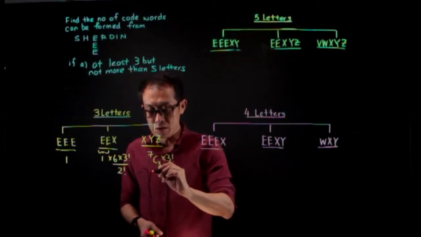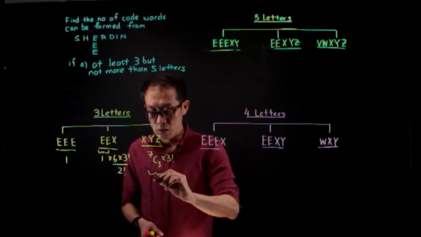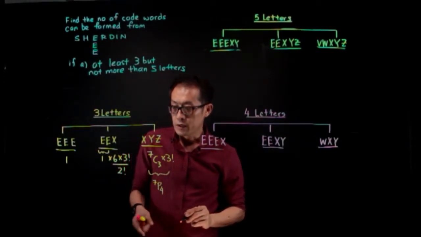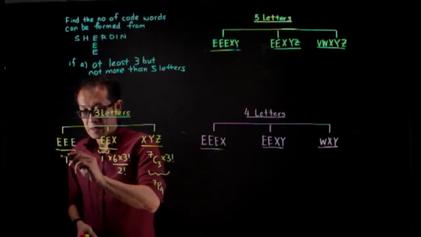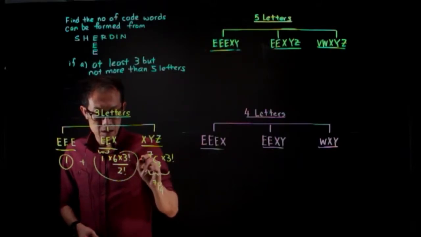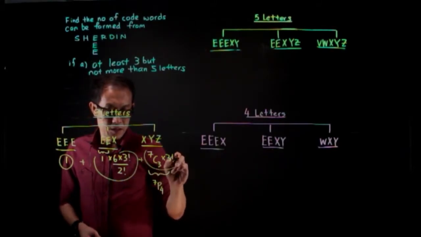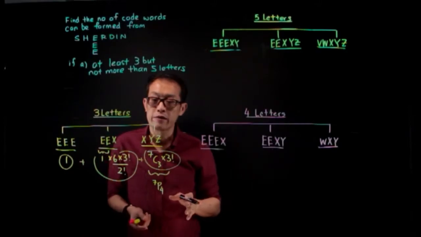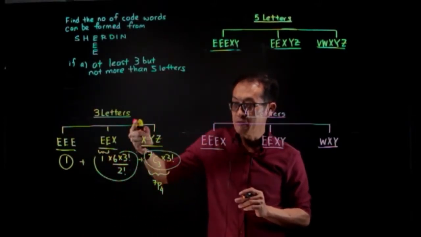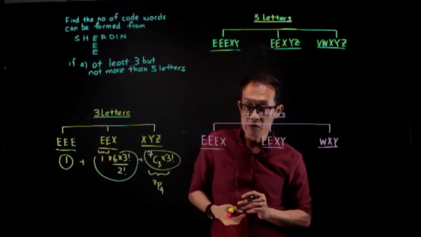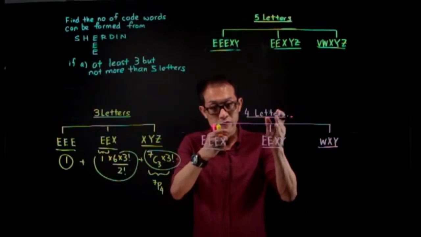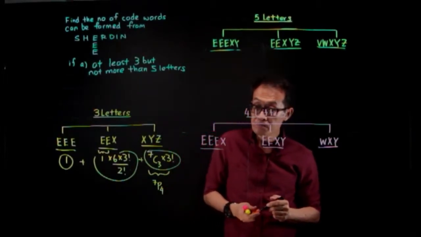This is also equal to 7P3. Now you add all this up. That means you add 1 to this, to this. Then you will have the number of code words that can be formed if 3 of the letters are being used.